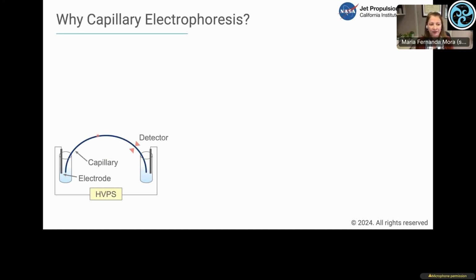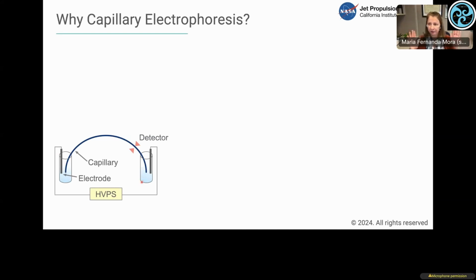What we do is we fill this tube with what we call the background electrolyte. It's basically a conductive solution. Depending on what we put in the solution determines the molecules that we're going to be separating. So we fill this capillary with liquid, and then we inject a little bit of sample on one end of the capillary, typically nanoliters of sample.